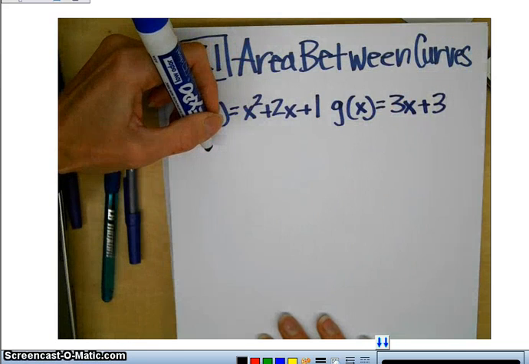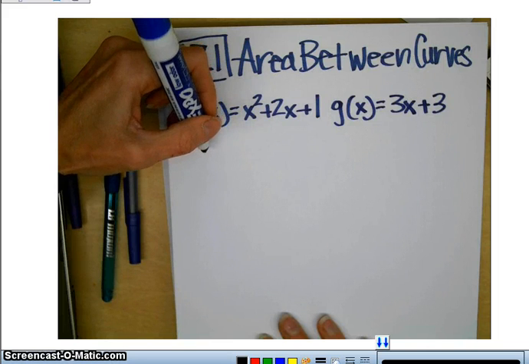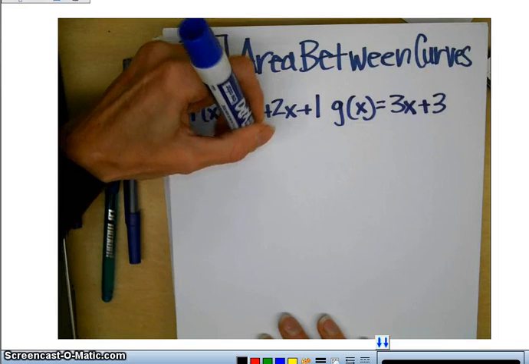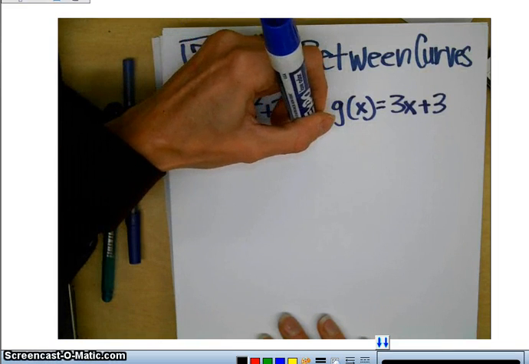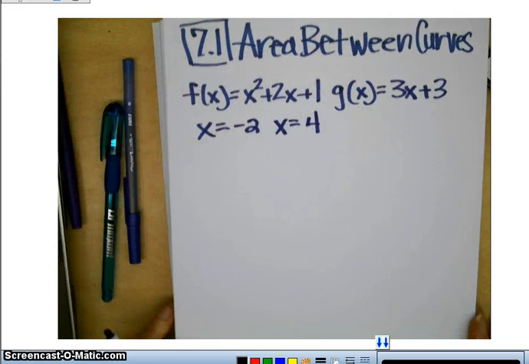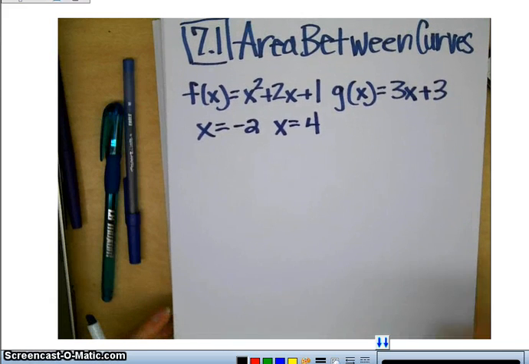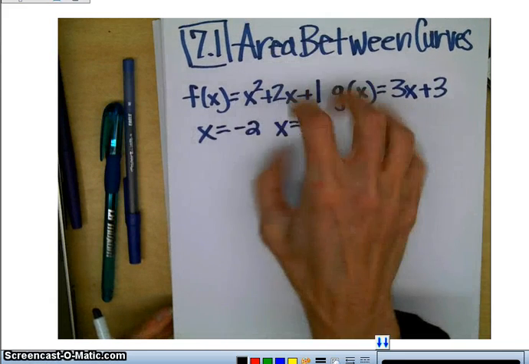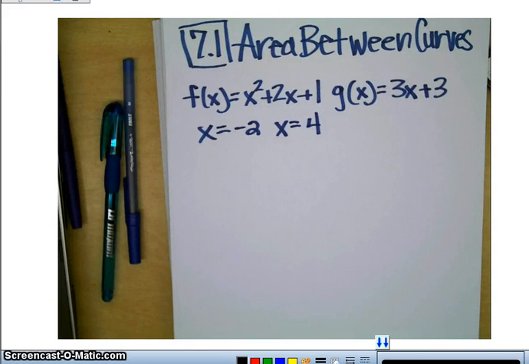And I've got more functions between x equals -2 and x equals 4. So I would like to find all of the enclosed areas bounded by these curves.